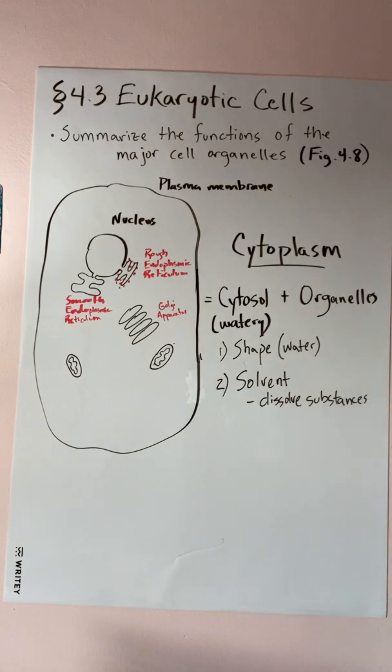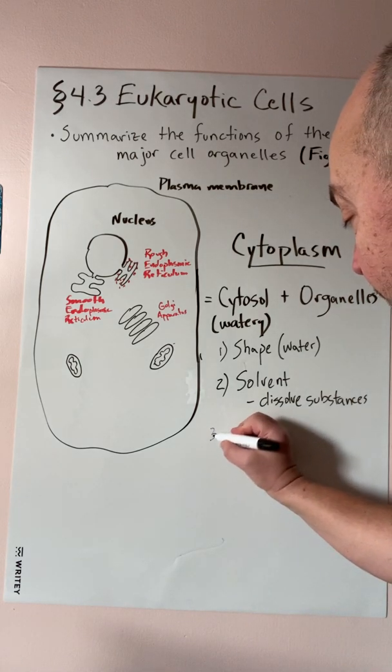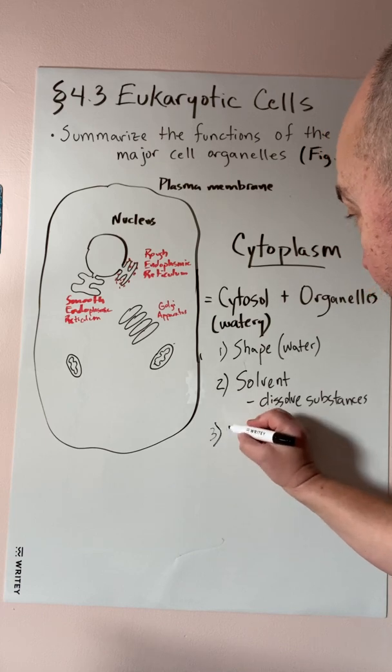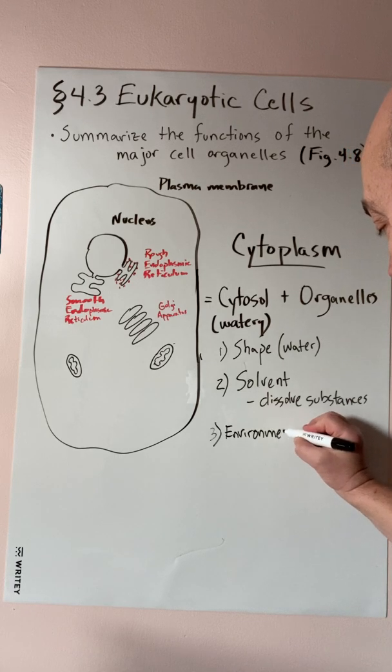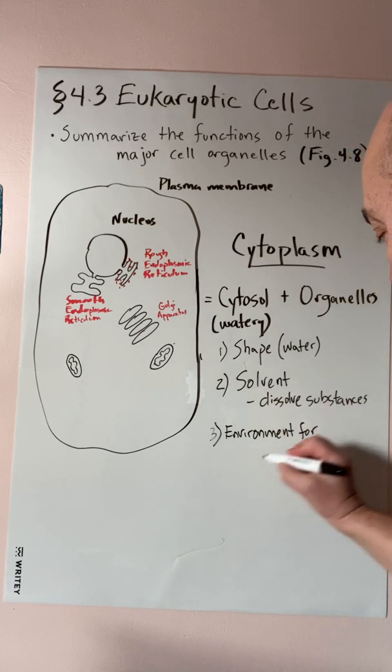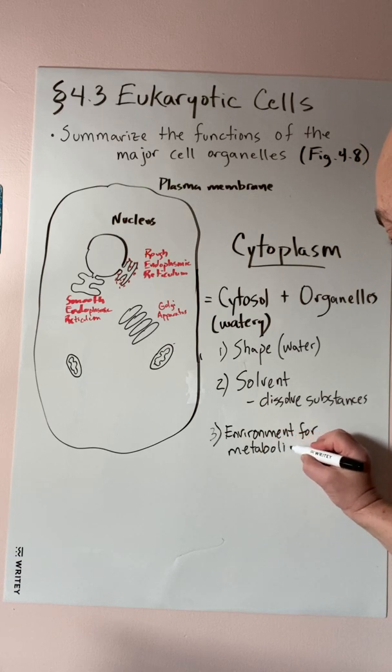So remember, we said you have to have a certain environment in order for metabolic reactions to occur. Well, this is going to allow us to put different salts into that environment or to change the pH. And so this is going to be another function. This is the environment for metabolic reactions of the cell.